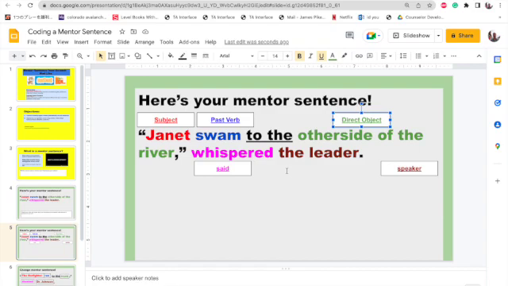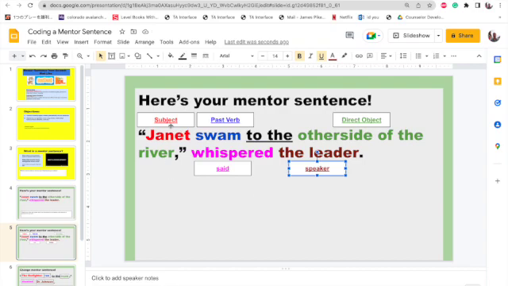The leader said it in a whisper. That kind of puts the reader into the story, like they're letting him in on a secret. So telling how people talk really can bring your reader into your writing. And the last element I noticed was the speaker, the person who said it, the person who told the story of the sentence.